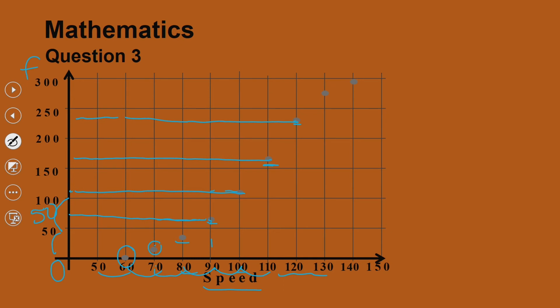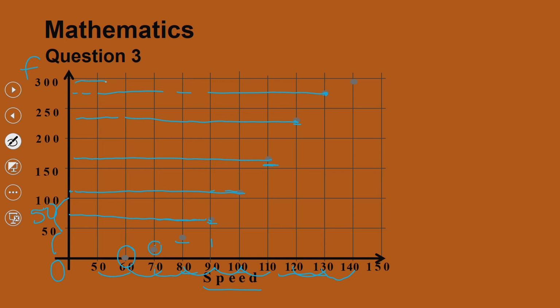Then we plot from 120 up to 130. We saw that there it is 274. So when you look at this, it's there around 274. As we proceed from 130 to 140, wonderful, which is the last but not the least, that is 290.